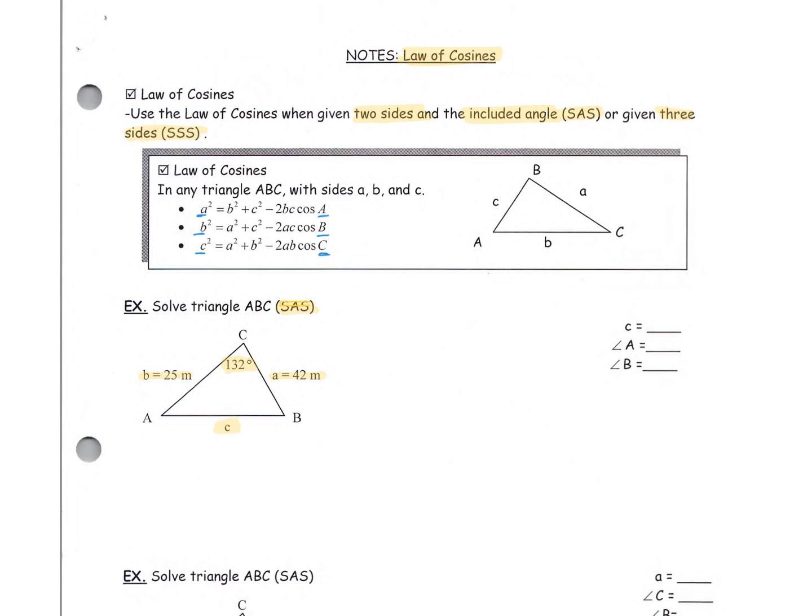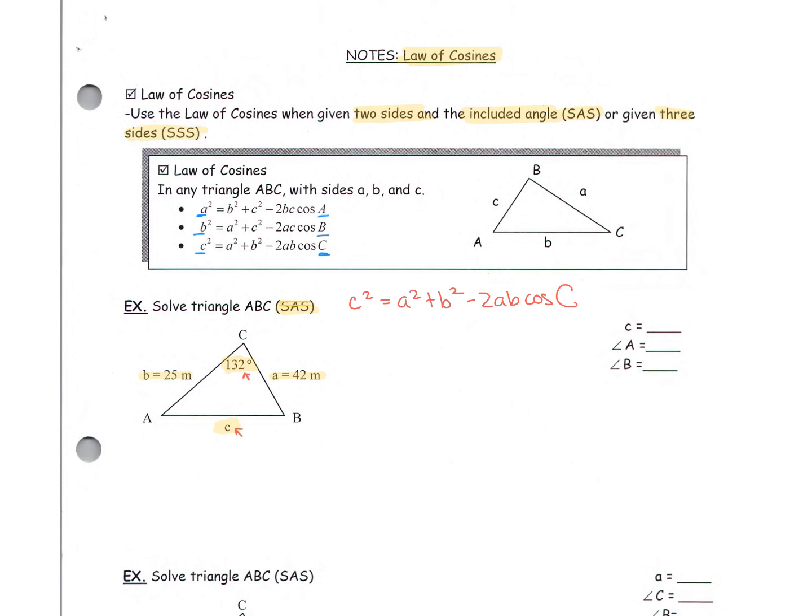So in this case, I'm going to use c squared equals a squared plus b squared minus 2ab cosine of capital C. I'm obviously going to use that one because that's the little angle I don't know across from the one and only one angle I do know. So that's the angle I have to use. I've got to pick cosine of C, so I need to use that equation.